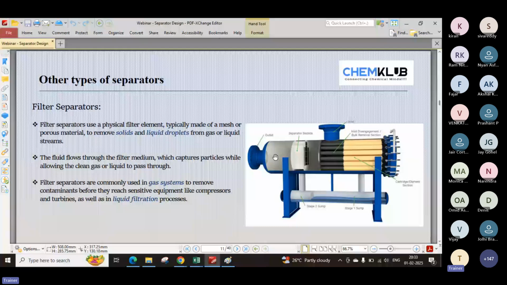We cannot tolerate those, so we use filter separators in line in the separation.